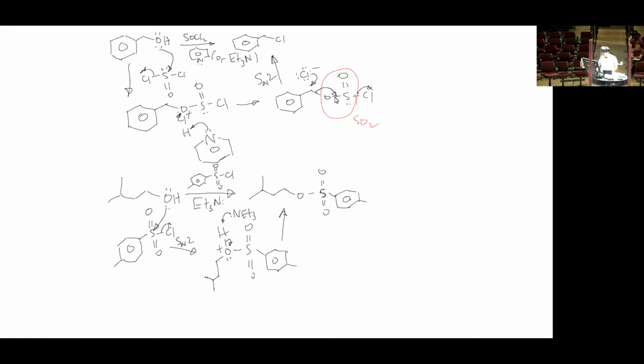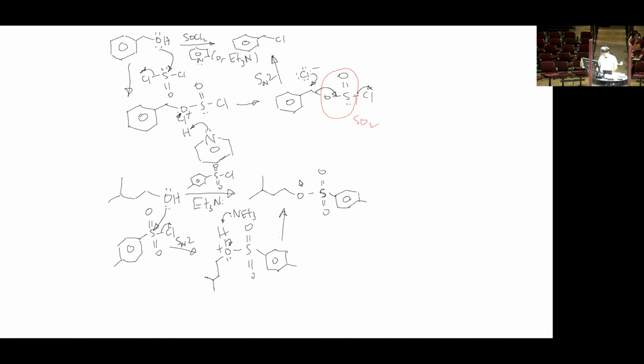And the answer to the question is that can happen. That's why we need to be very careful when we isolate tosylates. We need to be sure we keep everything very cold, or indeed something rather like that can happen. Now, you won't get SO2 in this case. You'll just get tosylate ion.